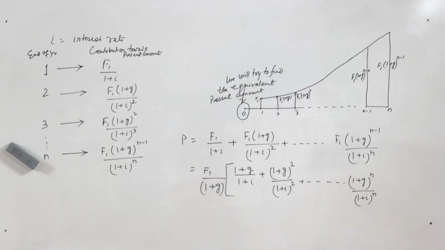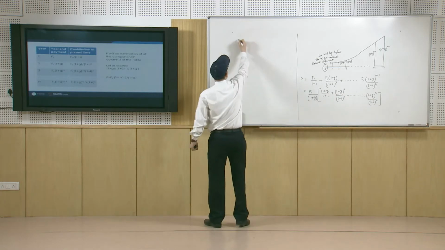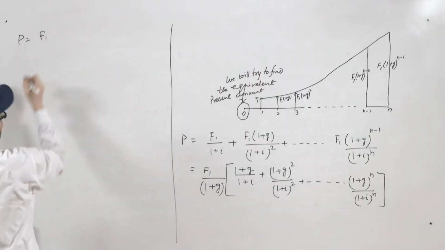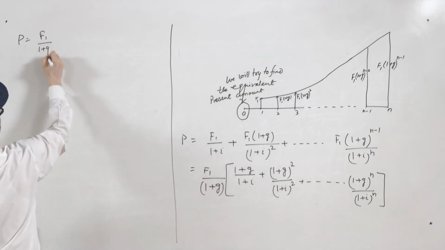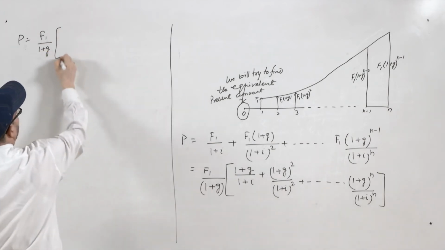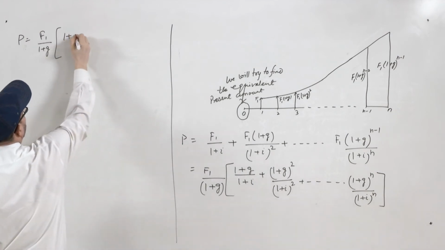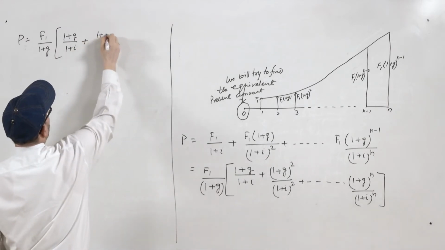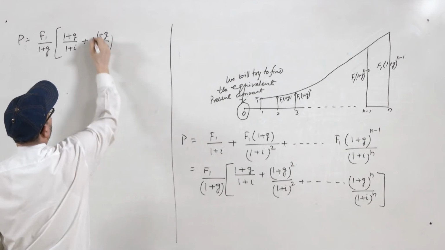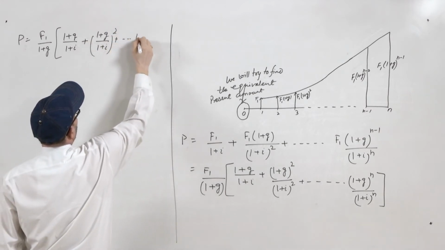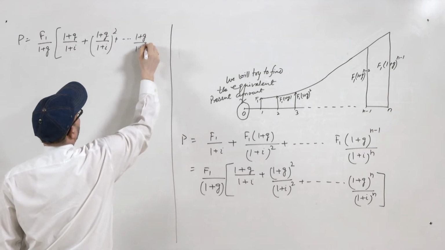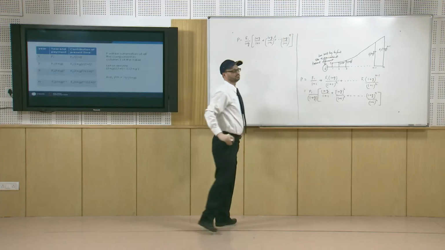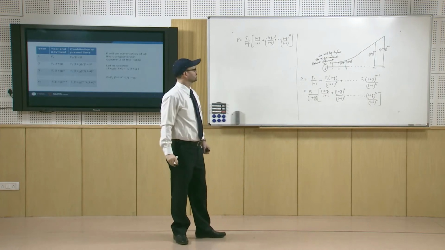Further, what we have seen so far, P equal to f1 by (1 plus g) times [(1 plus g) by (1 plus i) plus (1 plus g) by (1 plus i) square plus up to (1 plus g) by (1 plus i) raised to the power n]. This is a geometric progression series.